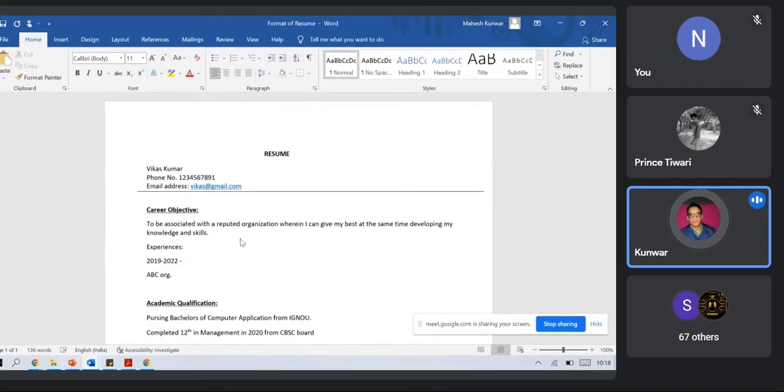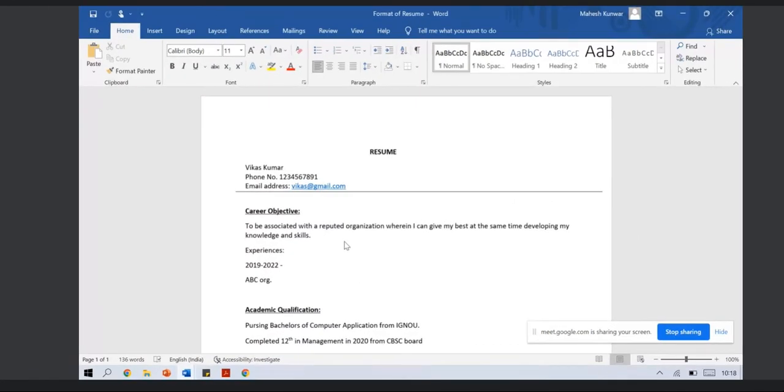What is your position? Like you worked as a junior engineer. What you did there? Mention any three things, at least three job roles you did in that organization.